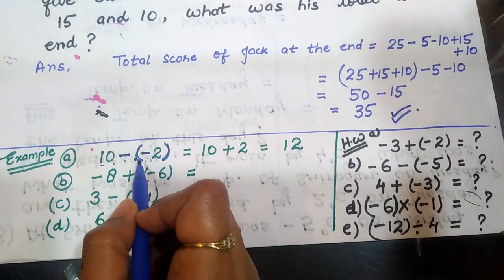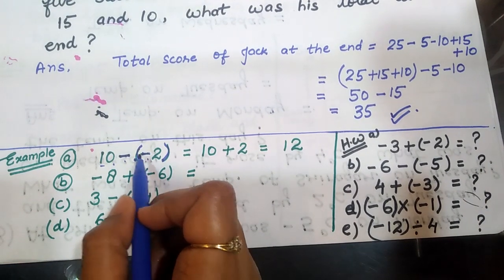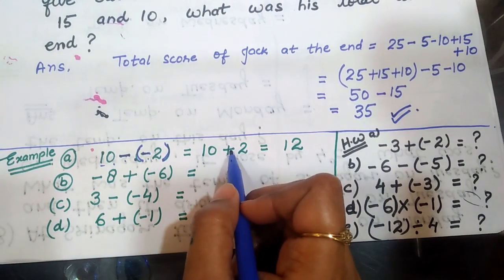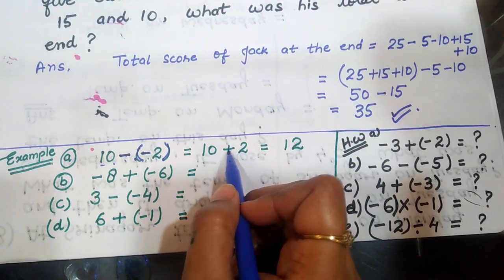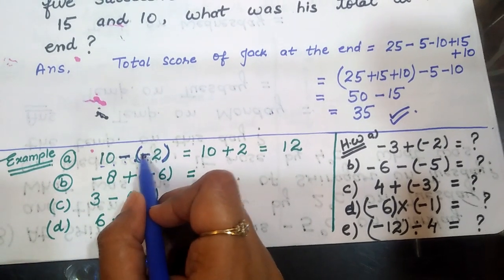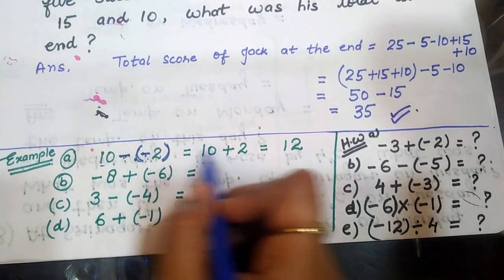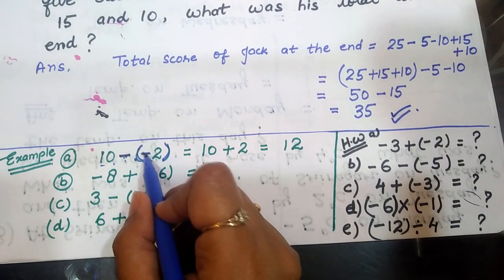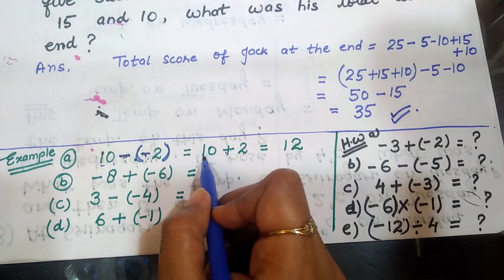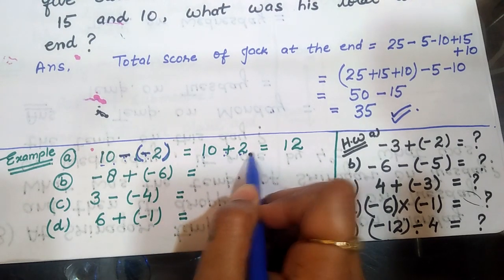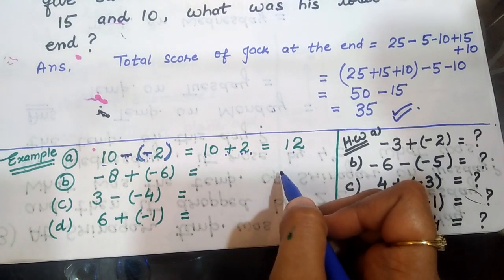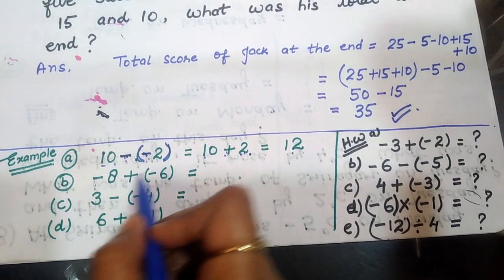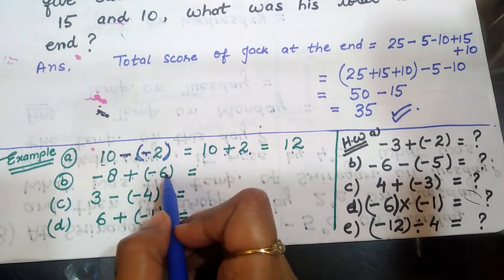Now the rule of multiplication will follow here. Minus times minus becomes plus, so it becomes 10 plus 2, and 10 plus 2 is simply 12.